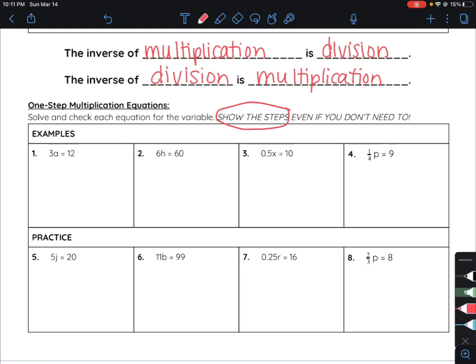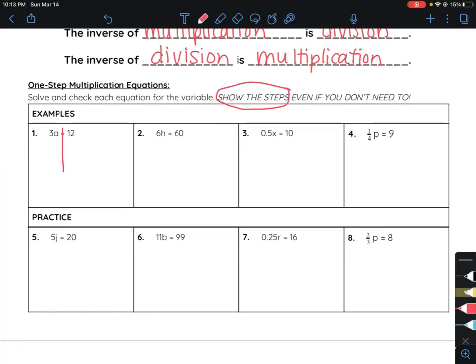All right, for number 1, draw your line down. Look for the variable. It's an a. The a is being multiplied by 3. Do the inverse. So draw a fraction line underneath on both sides, and we're going to divide by 3. Why 3? Well, 3 over 3, or 3 divided by 3, makes a 1.